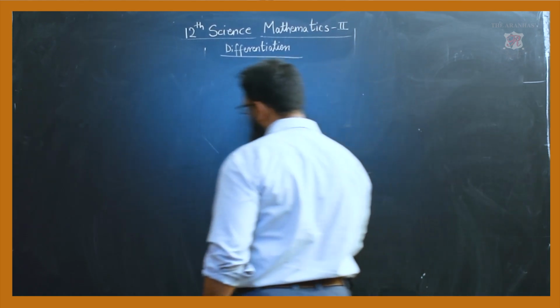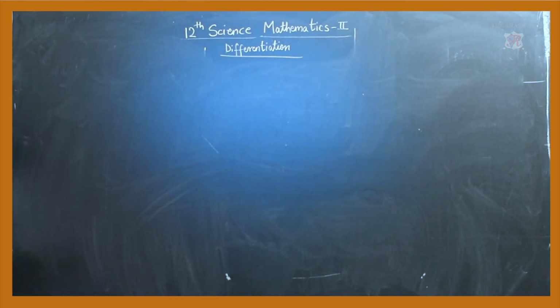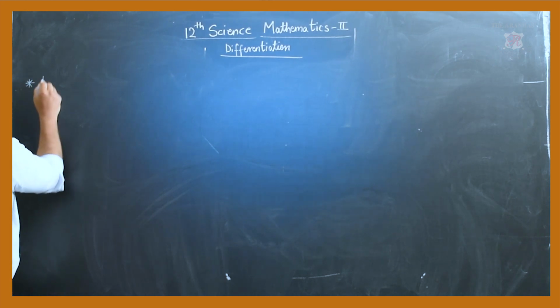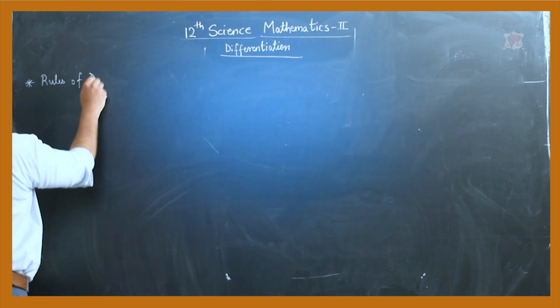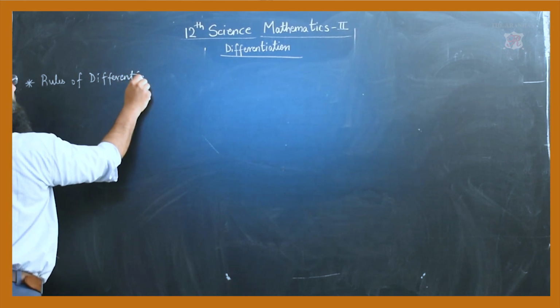The product and quotient rule are also known as the UV rule and the U upon V rule. The next article for us is rules of differentiation.